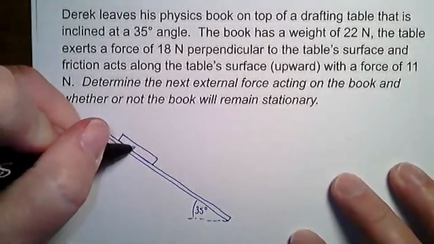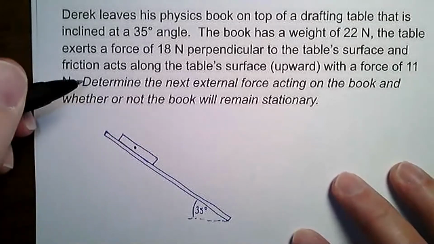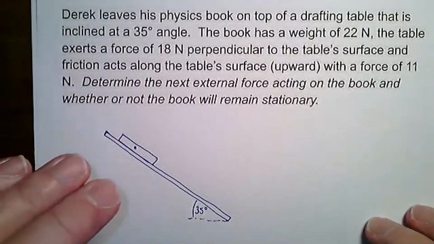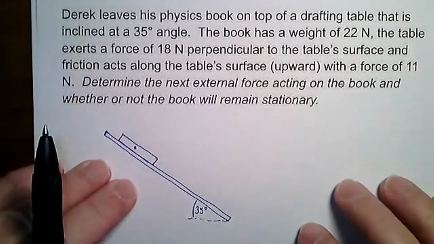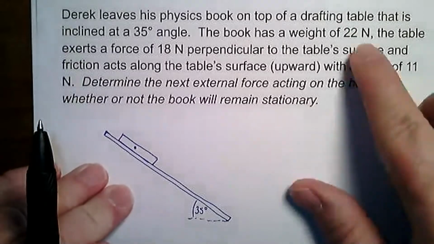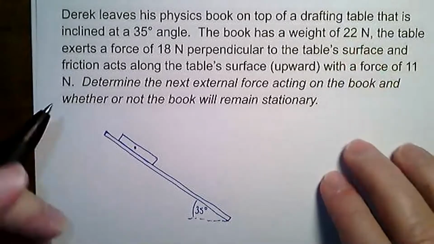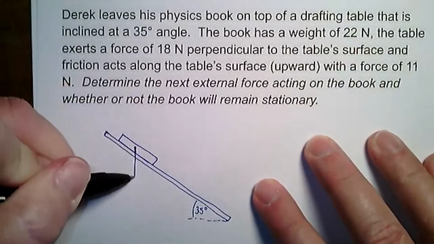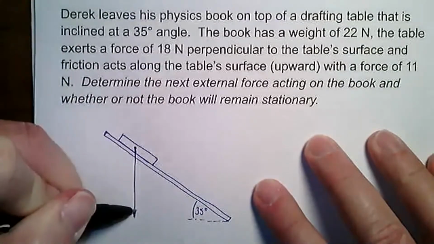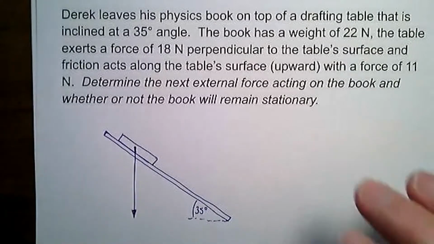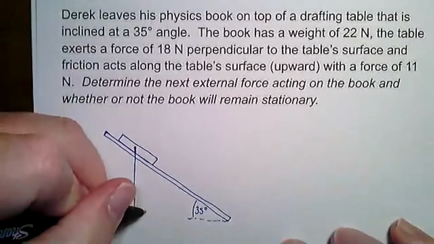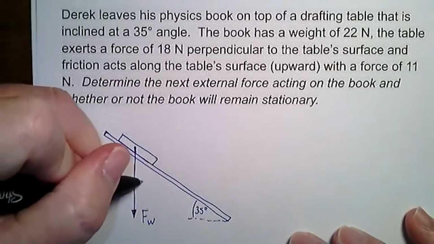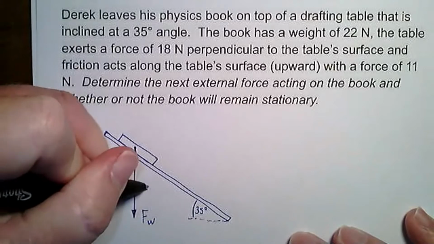Now, with these force diagrams, the forces always emanate from the center of the object that we're talking about. And we know that weight, the force of gravity acting on this book, is always straight down. So that weight is going straight down. I'll label this the force of weight, or F sub W, and we know that this value is 22 newtons.